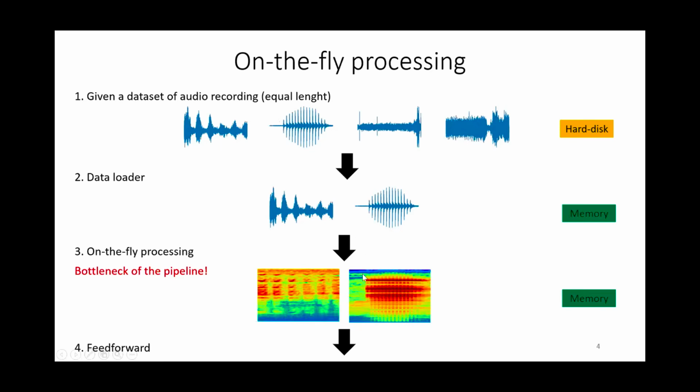The traditional audio processing tools such as Librosa, they're based on CPU. So if we apply Librosa in this step, then it would be really slow. That's why we need a fast audio processing tool that can process a batch of audio to a batch of spectrogram at the same time. That's why we need on-the-fly processing and also GPU-based audio processing.